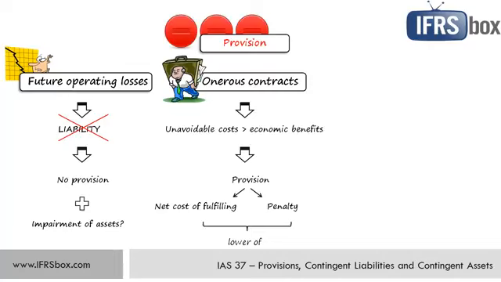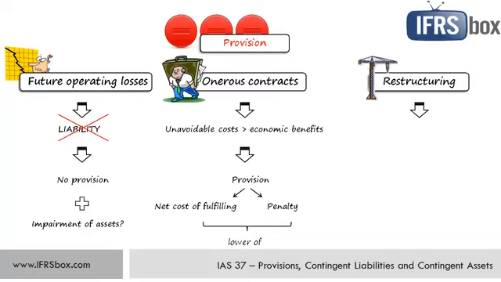The third specific situation addressed by IAS 37 is restructuring. Well, this is a program that is planned and controlled by the management, and it materially changes either the scope of the business or the manner in which that business is conducted. In general, a provision for restructuring must be recognized when two conditions are met.